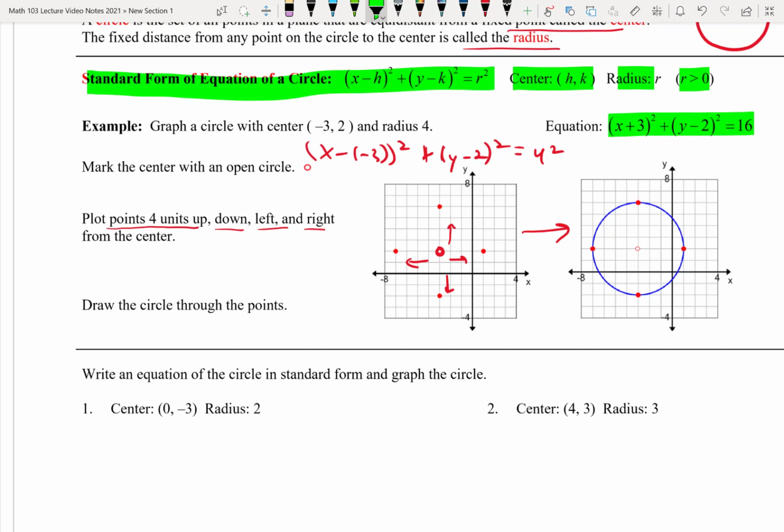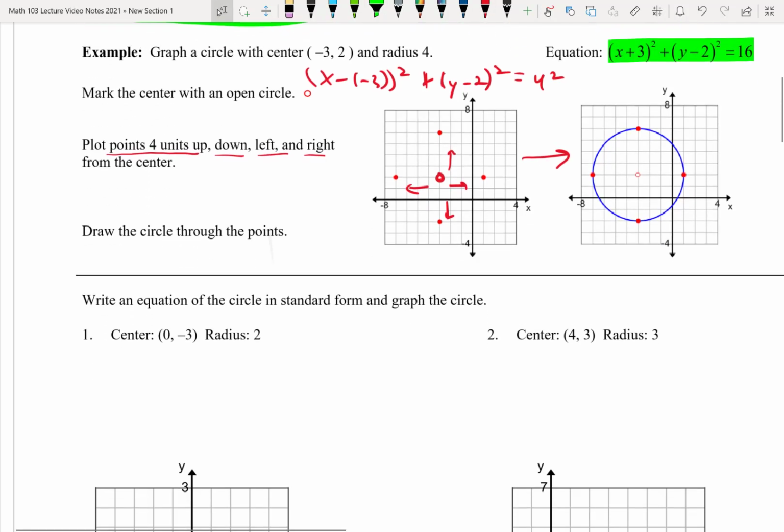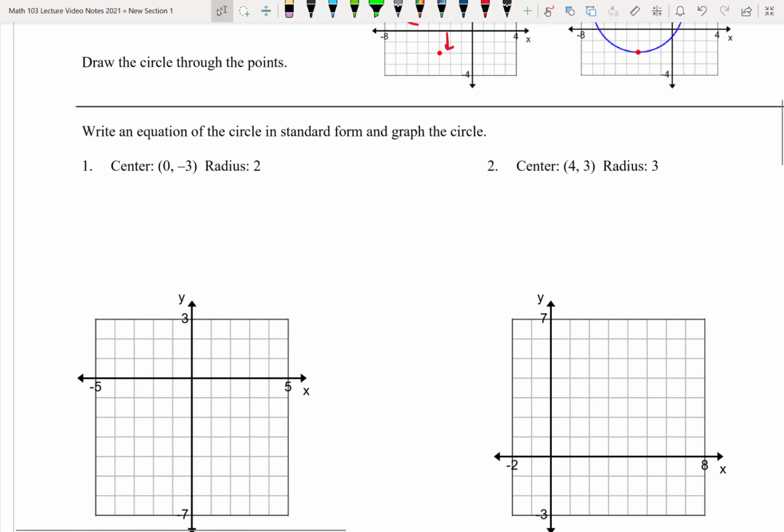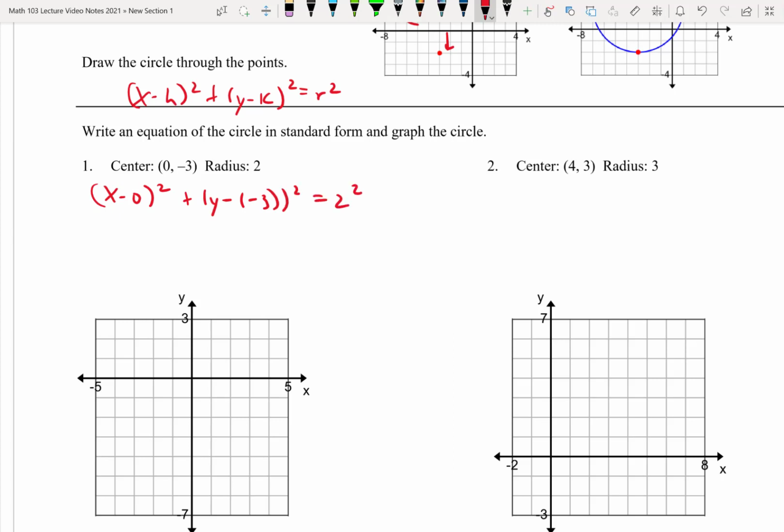Alright, so here we're going to write the equation of the circle in standard form and then graph the circle in examples 1 and 2. So the equation would be (x minus 0) squared plus (y minus -3) squared equals 2 squared. That's x squared plus (y plus 3) squared equals 4.